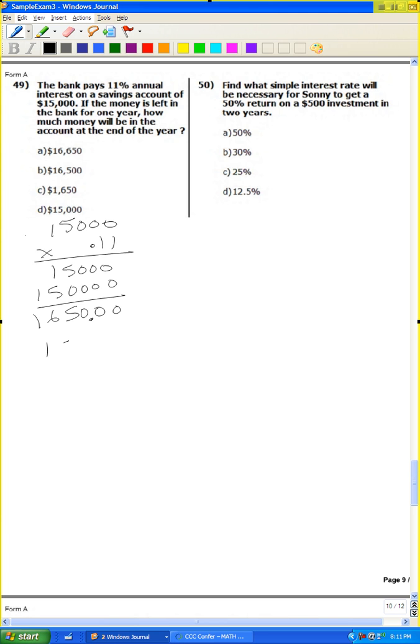You have the original $15,000. You made $1,650. Let's see how much is now in your account. So 0, 5, 6, 6, 1. $16,650. A. Seems like every answer is A. Question?